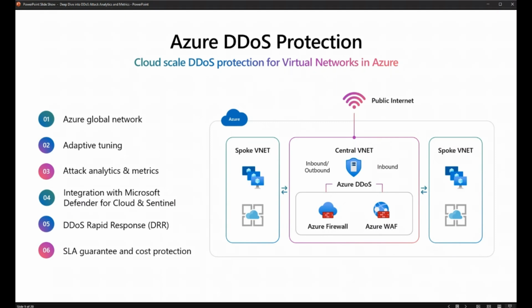And finally, there is the financial SLA and cost protection included. That means if you're attacked and you're scaling out to absorb the impact, Microsoft will cover those additional resource costs, giving you both technical and financial resilience.